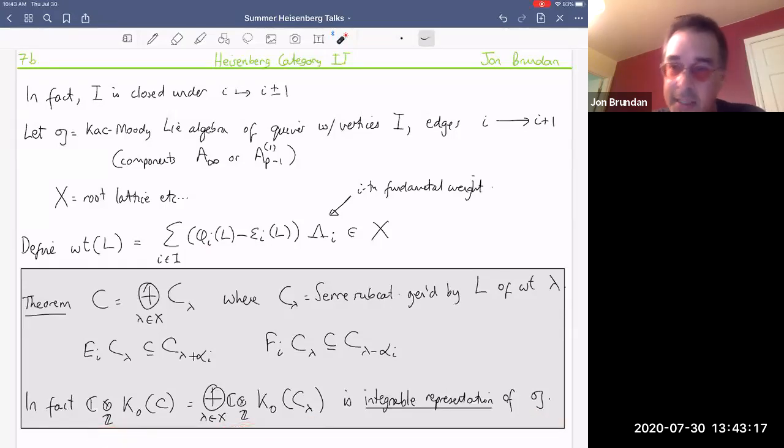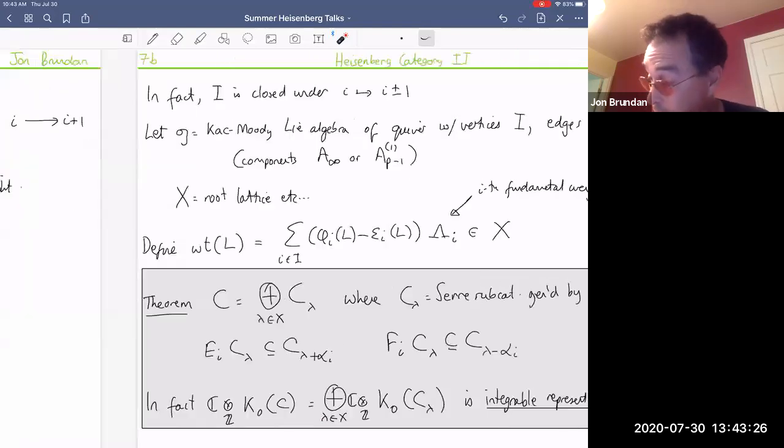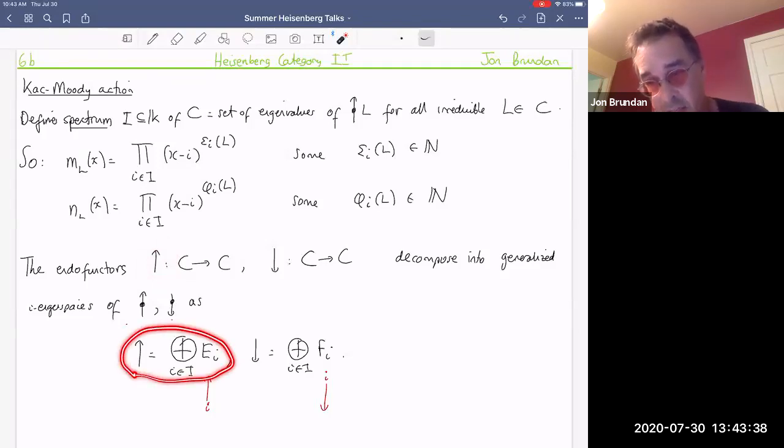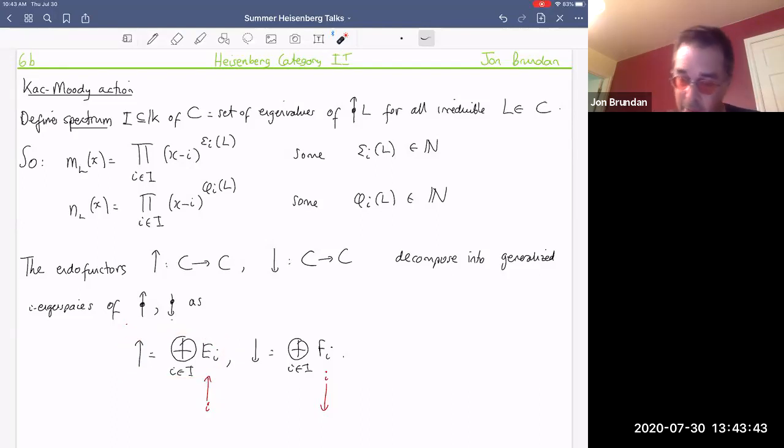So it's a little bit remarkable that you start with the Heisenberg action and you actually end up with this Grothendieck group being a module over the Kac-Moody Lie algebra G here. But maybe it's not that remarkable. You see, the Heisenberg gave you these up arrows, but because you can decompose into eigenspaces, you can actually refine these functors to get these Kac-Moody endofunctors, these E_i's and F_i's acting. So somehow in categorification, this Heisenberg action actually upgrades to a whole Kac-Moody action. It's sort of hidden in there.